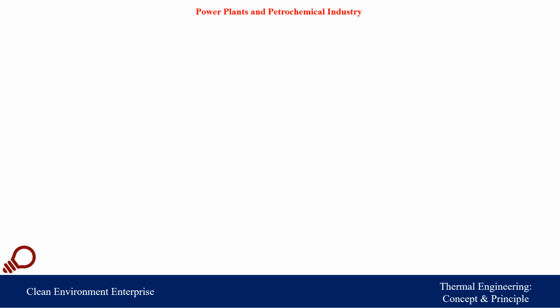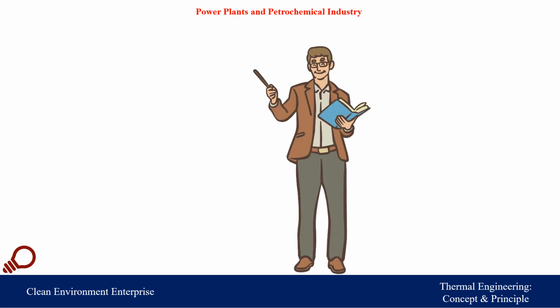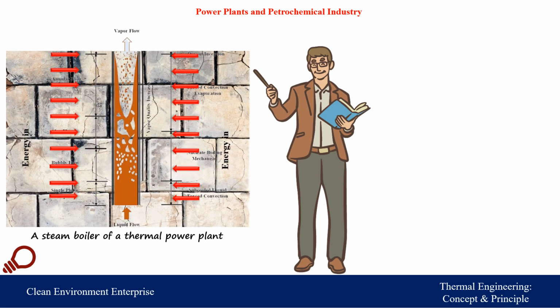The other application of this mode can be found in power plants and the petrochemical industry. For example, in power plants we have the water tube boiler, where water passes through a tube and receives energy from the flue gases in convection and radiation heat modes.